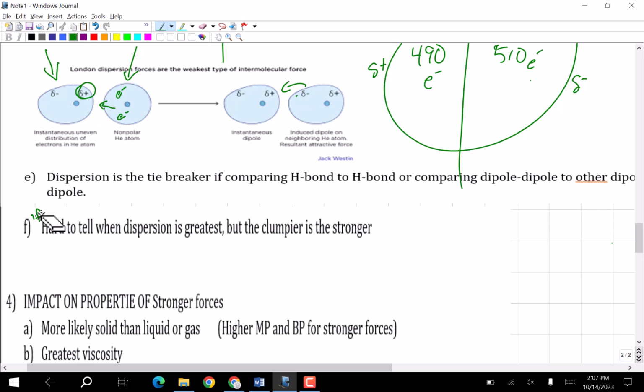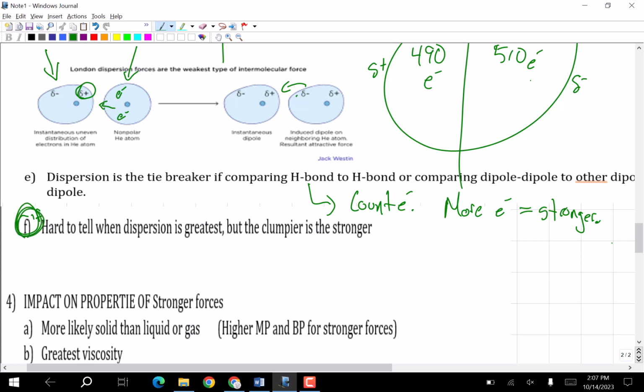So I'm going to slow down for a second here. How to tell with this? Count electrons. More electrons equals stronger. I was trying to come up with examples off the top of my head, and I kept tying. Okay?